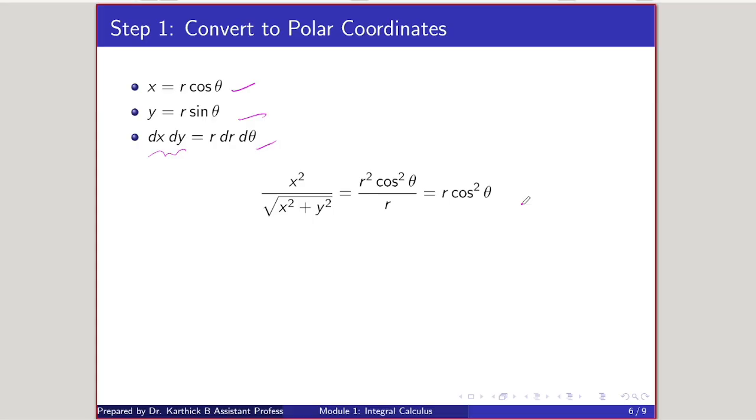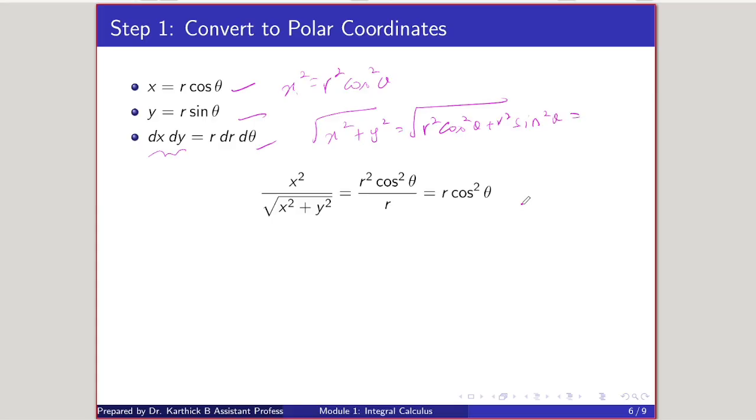So first we make a conversion. Here x will be r cos theta, then x square will be r square cos square theta. Then we need the square root of x square plus y square. So here it will be r square cos square theta plus r square sin square theta.